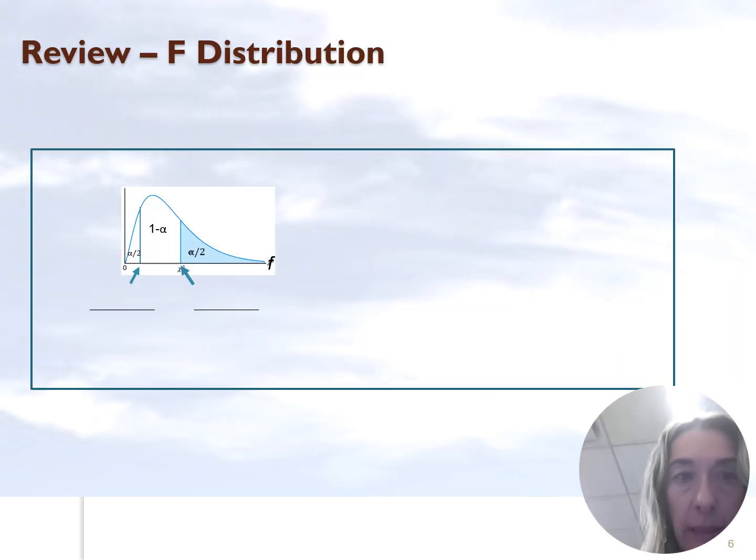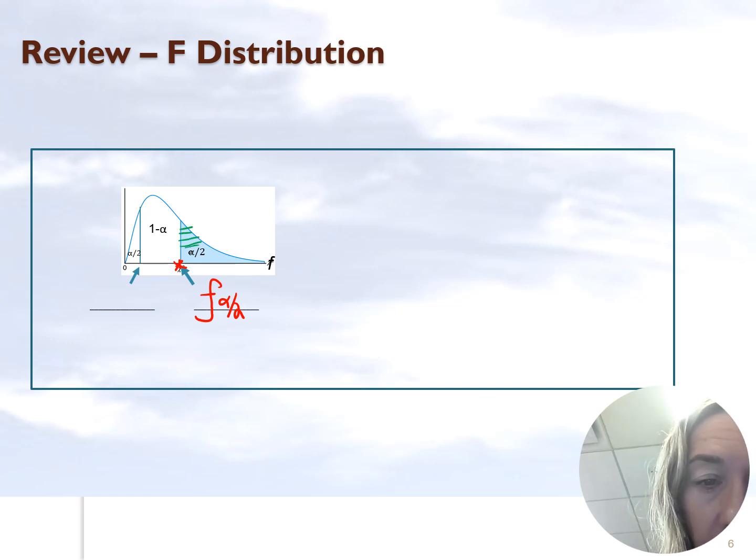Again, let's do a visual review of the F distribution. This point right here along the x-axis, which is a particular critical value of the F distribution, should be labeled as F sub alpha over 2 because it is shown as having area of alpha over 2 to the right. You'll remember the subscript on the critical value by convention represents area to the right.